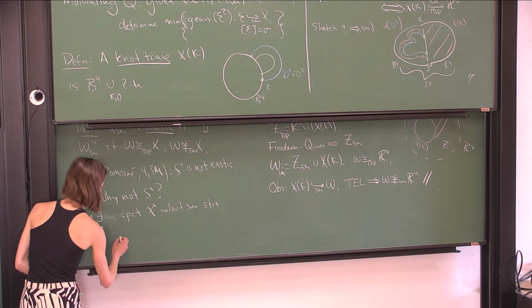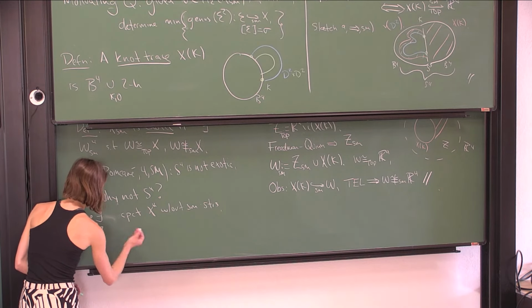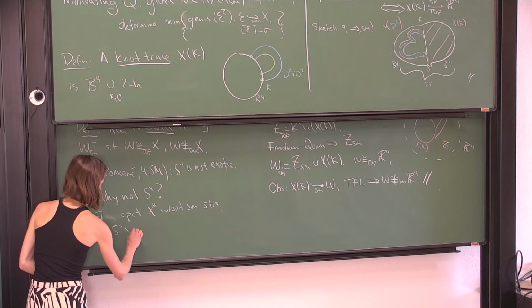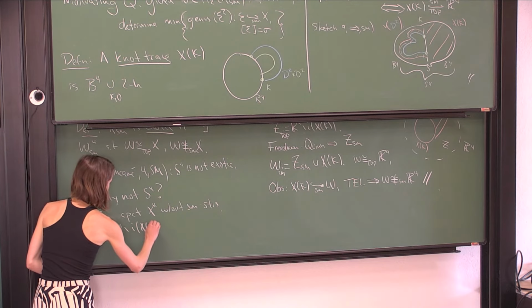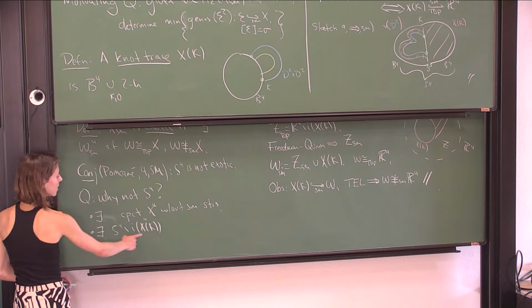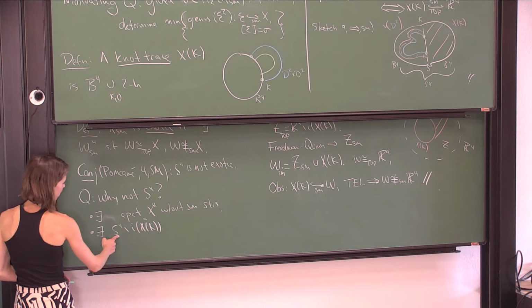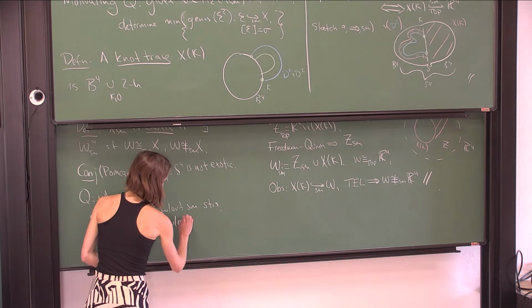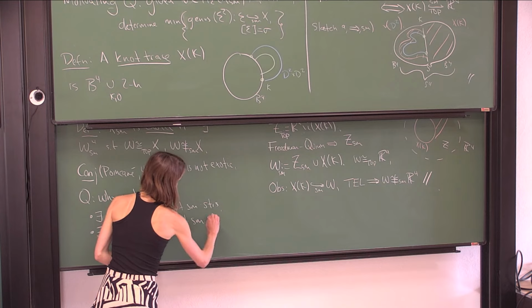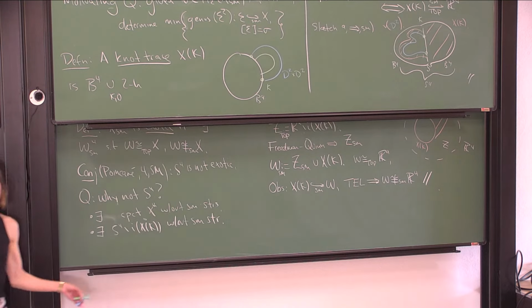So there exist 4-manifolds which come from the exterior of a topologically embedded knot trace in S4 without a smooth structure. Okay, so even in the specific case we care about, you can't always have a smooth structure.